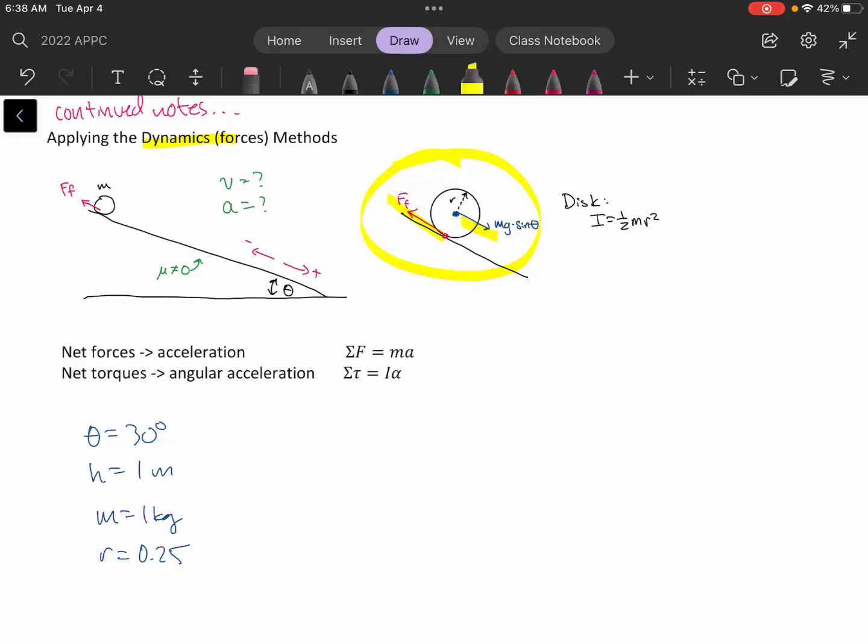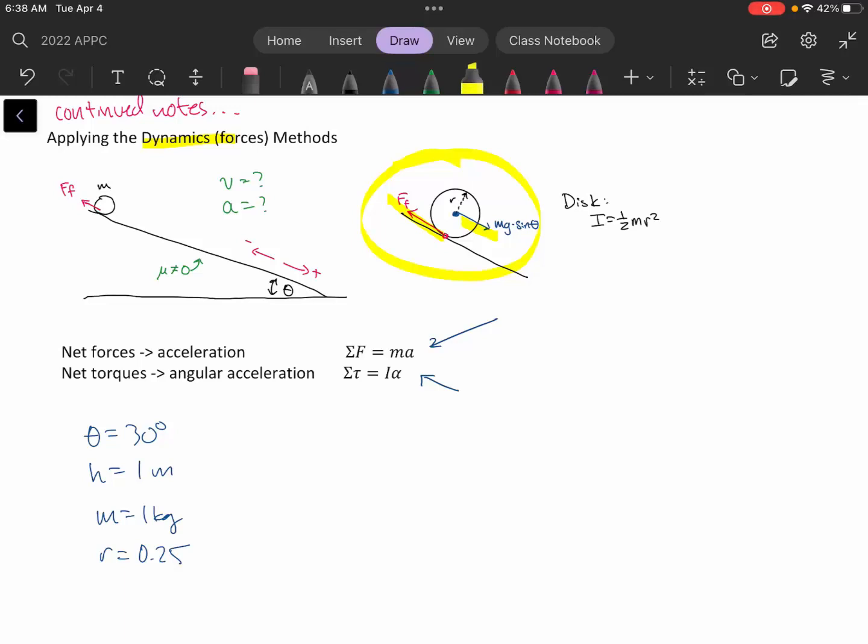So if we write two sets of equations, one for linear dynamics and one for torque, rotational dynamics, we can use those to solve what the acceleration of the object would be. And from that acceleration, we would be able to then do kinematics problems. So let's set up the net force equation.